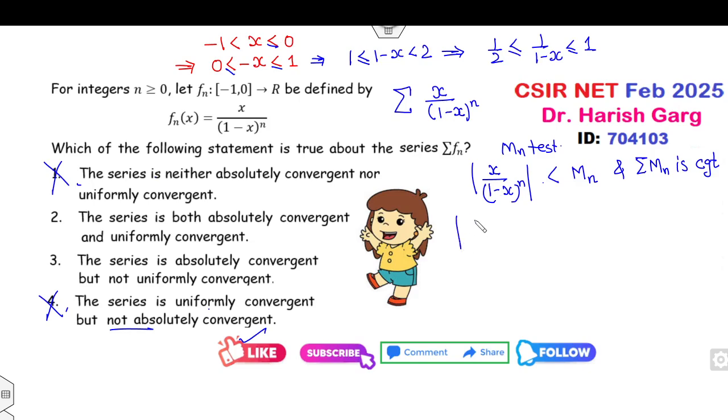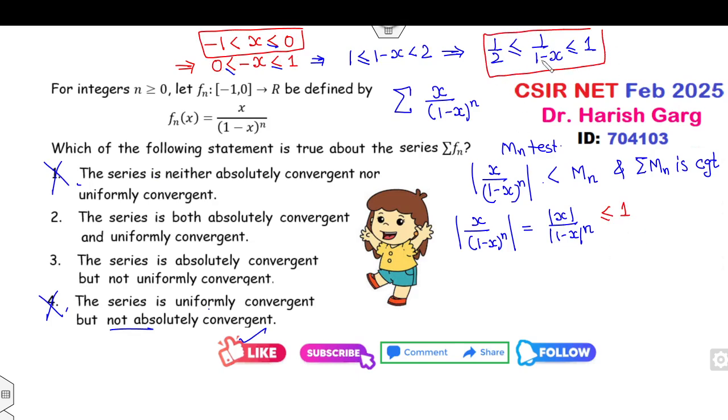Now you can see how to find this number. I can say this number is mod of x over 1 minus x raised to power n. Now, what is mod x? From this case, mod x is less than or equal to 1, and from this inequality, 1 over 1 minus x is less than 1 raised to power n, which is equal to 1. So my Mn is 1, and you can see the series of 1 is divergent.